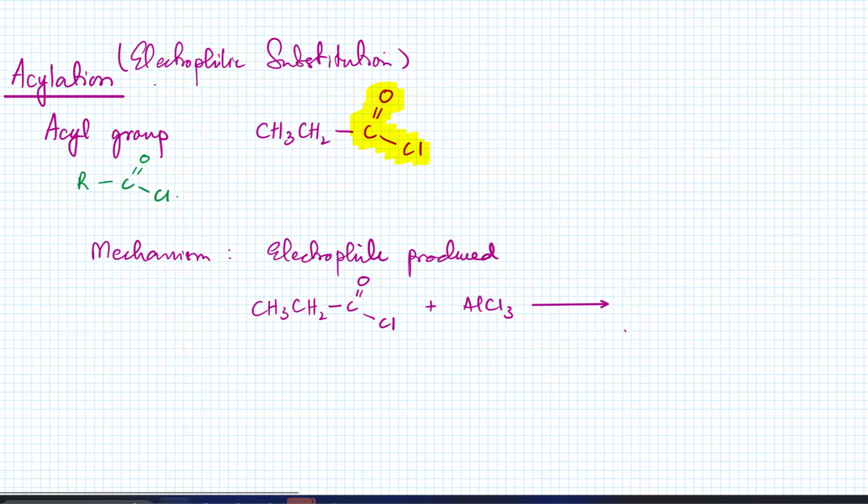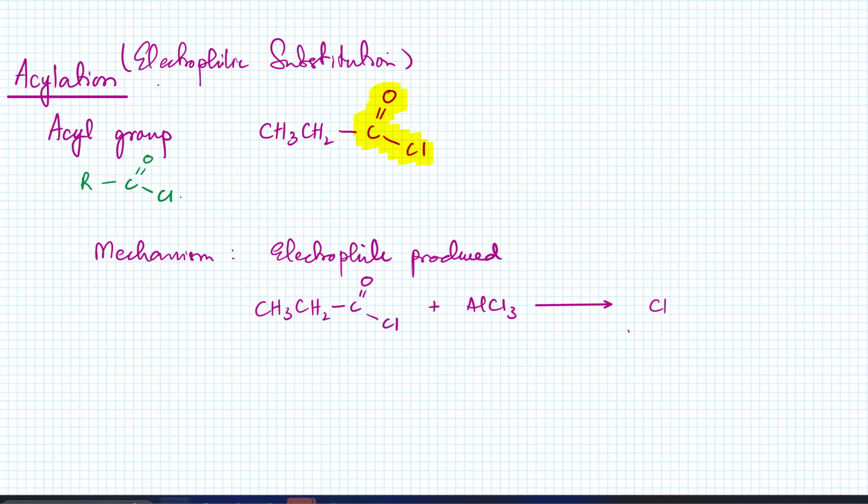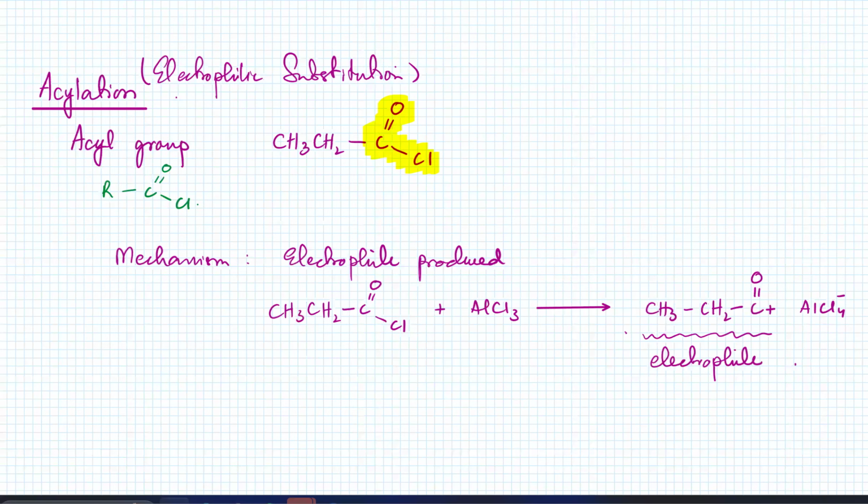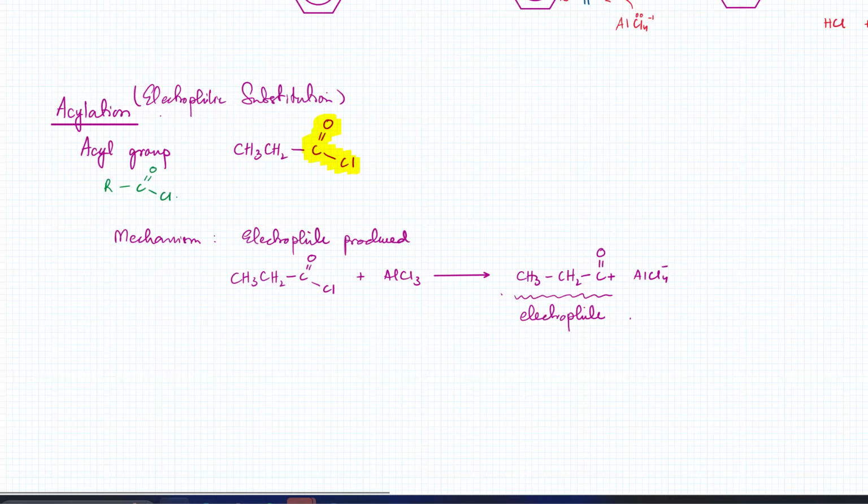And my electrophile gets produced, which is CH3, CH2, C double bond O with a +1 charge. And with that, AlCl4 minus 1 is produced. So this over here is my electrophile. That's the first step.